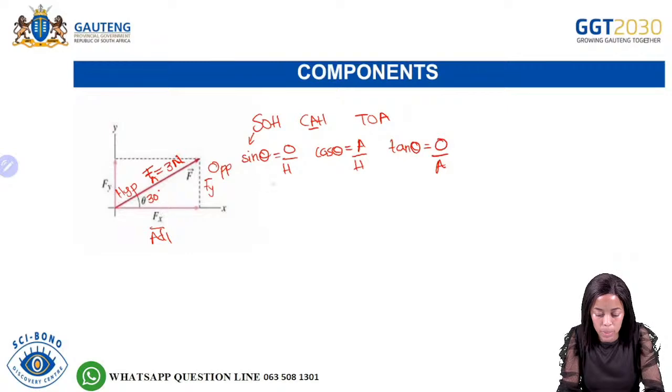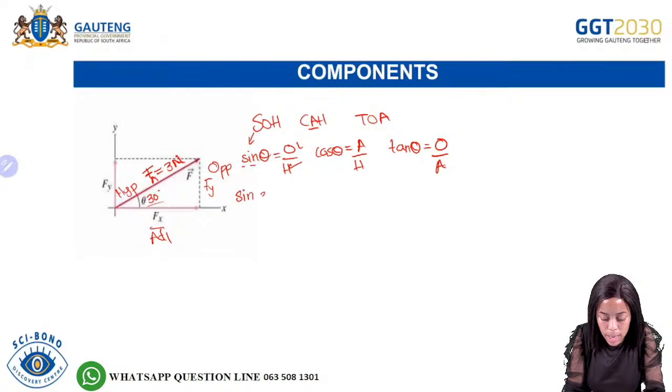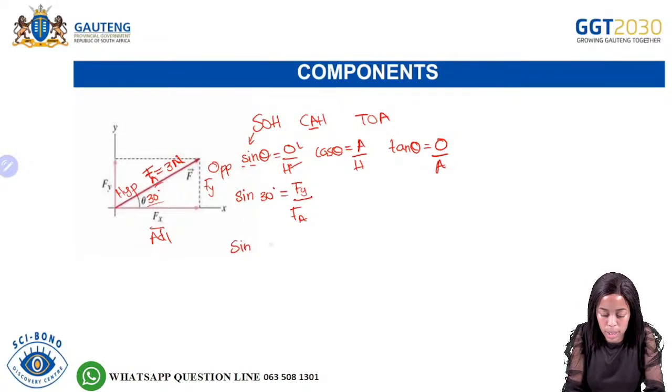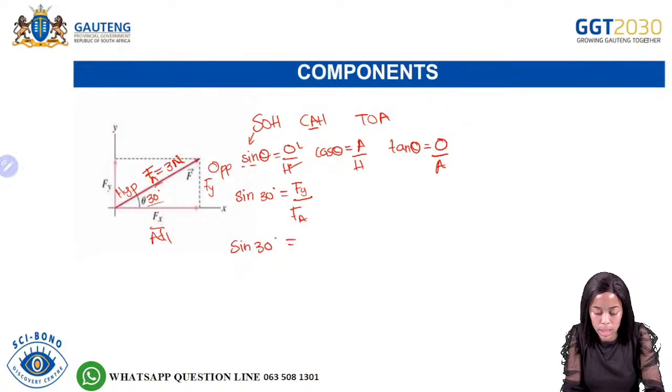Okay, so if we are to calculate the opposite side, what are we going to do? We are given 30 degrees. So we would say sine 30 degrees is equal to the opposite, which is represented by Fy, and the hypotenuse, which is represented by Fa.